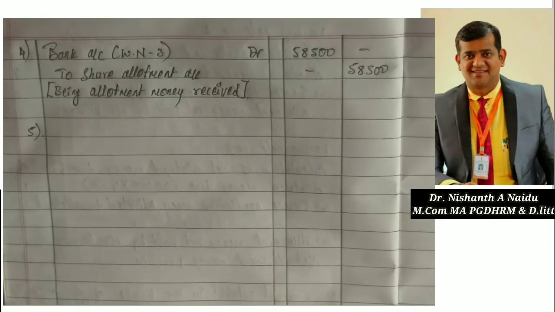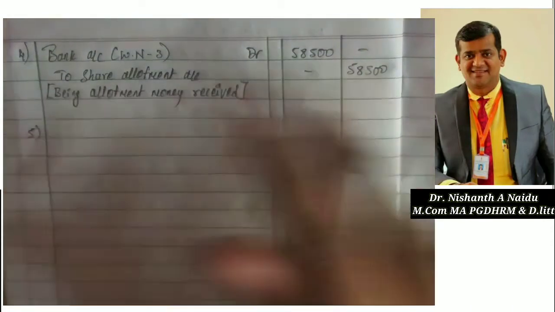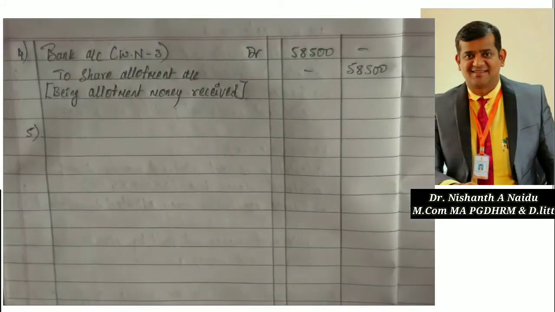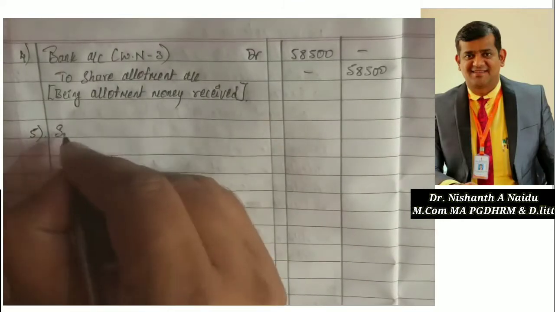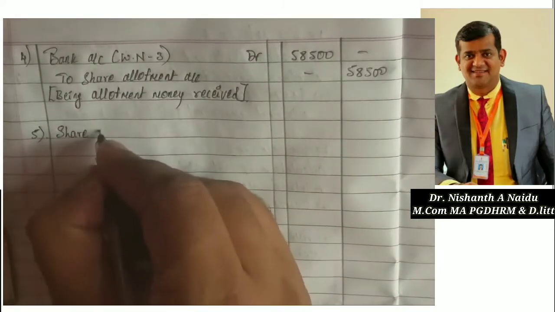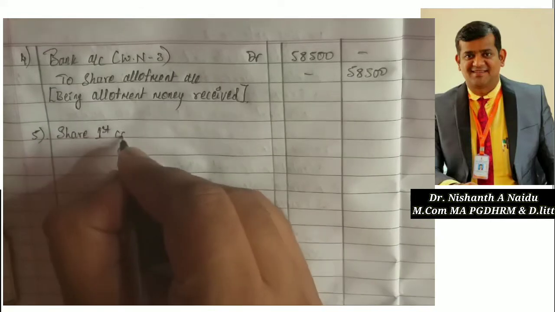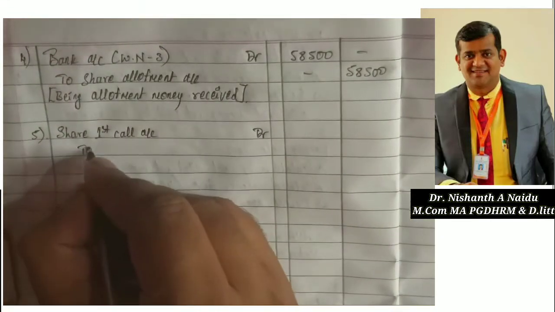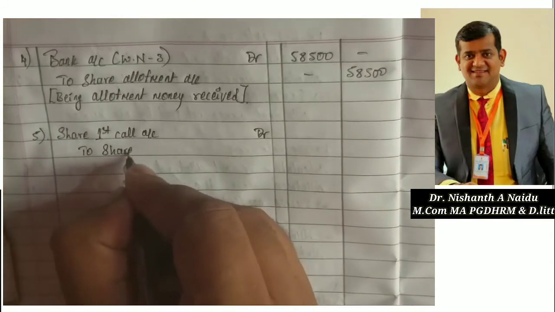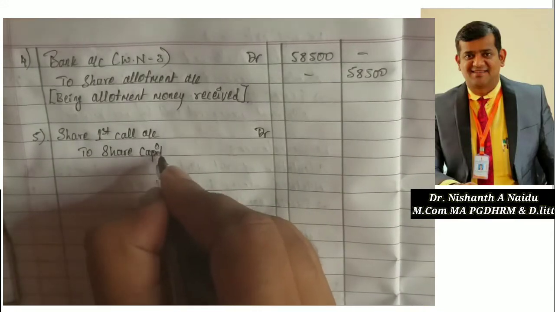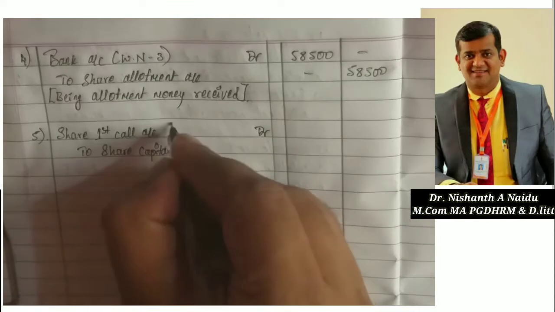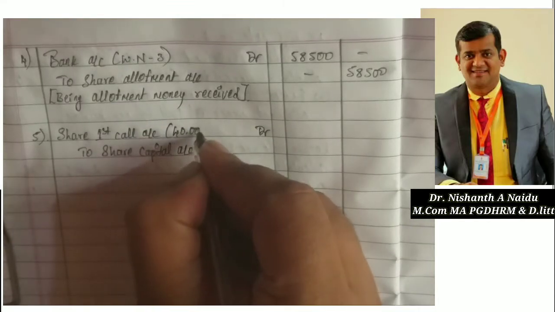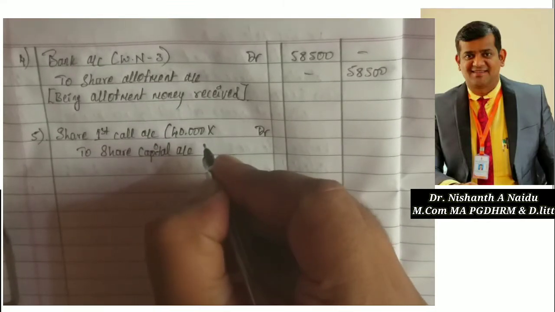Clear? So first call. The 5th entry, share first call account debtor to share capital account. On 40,000 shares, what is the first call money we are supposed to receive?